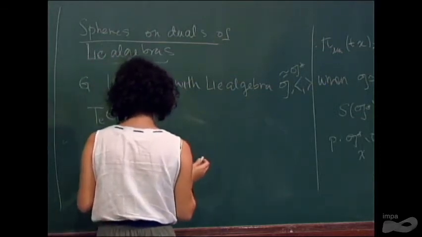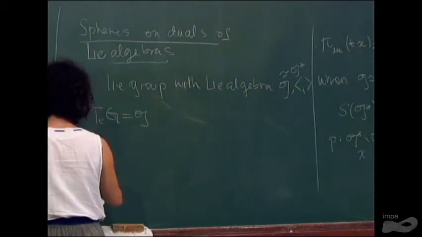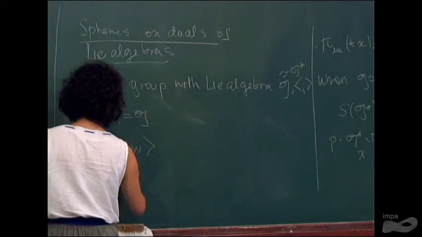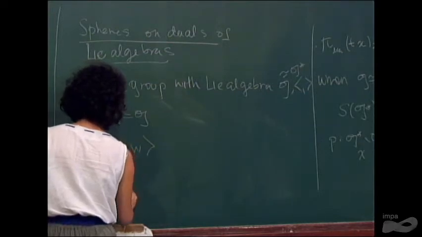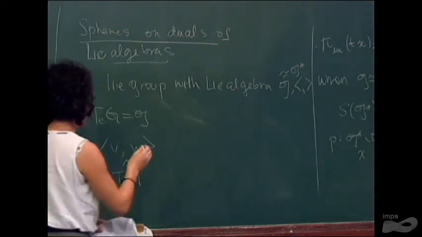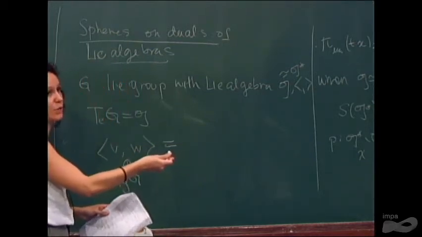Okay, so how do I define it? So I take two vectors of G, let's say they are at the point G of G. What I do is that I left translate them to the unit.